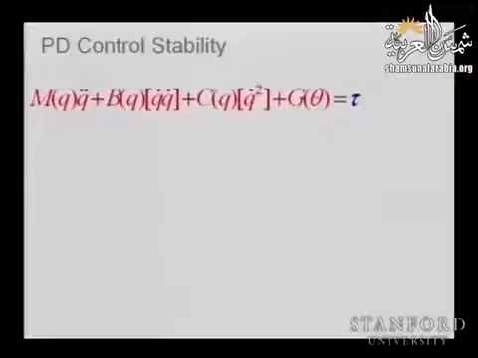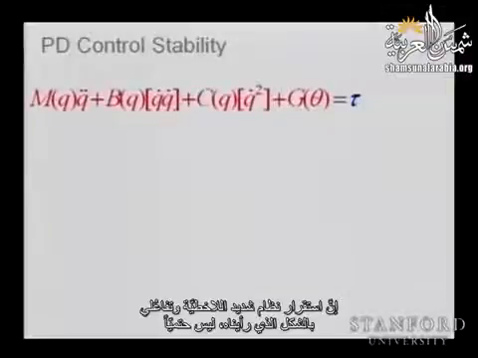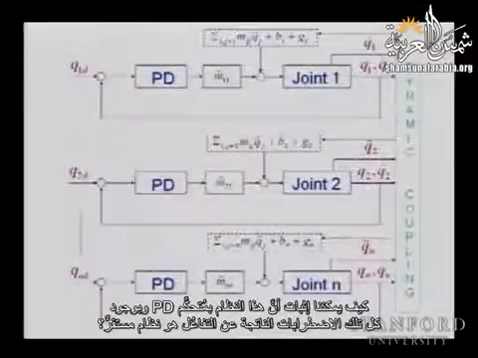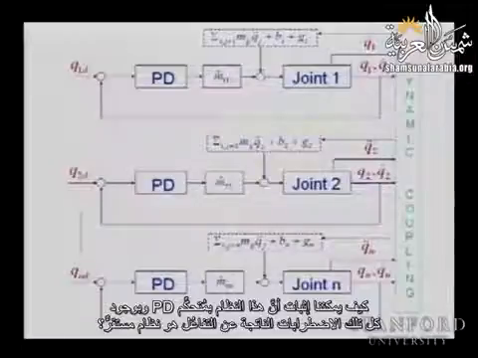So the stability of a system that is highly nonlinear and interactive in the way we saw is not evident. How can we prove that this system with a PD controller, with all these disturbance forces coming from the interaction, is stable?